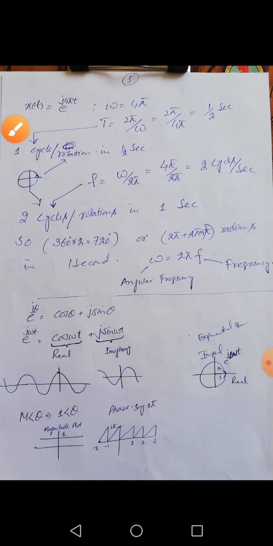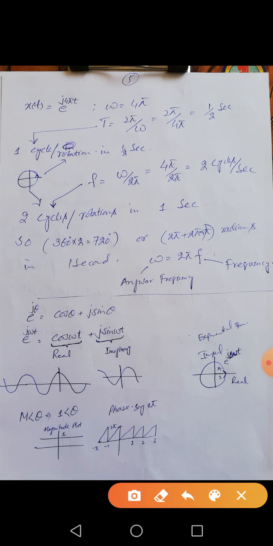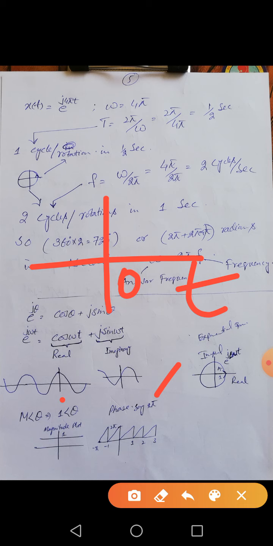And if we find the magnitude and the angle of this signal, we plot the magnitude. For example, if its magnitude is 1 and its angle is say 2π, so magnitude 1, this is 0, this is time t, so its magnitude is 1, means for all t its magnitude is 1. This is the plot.